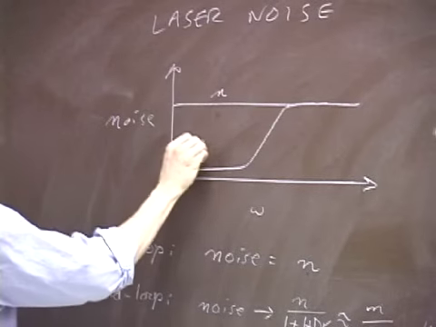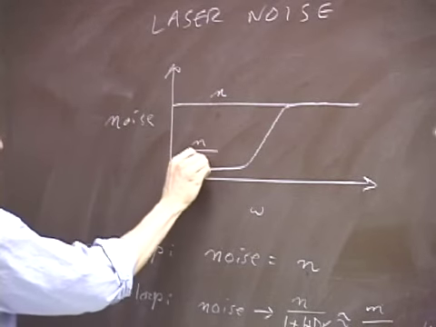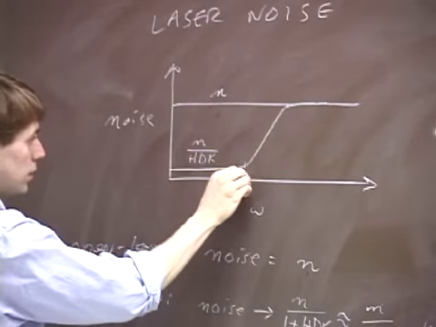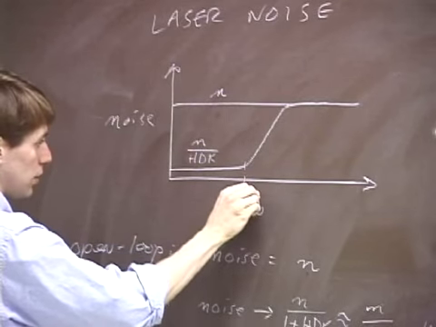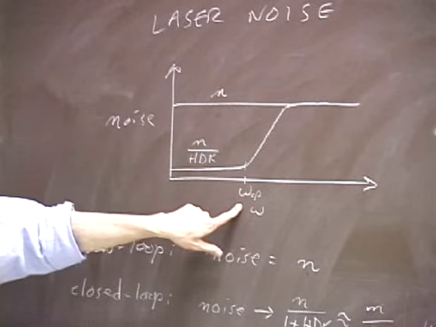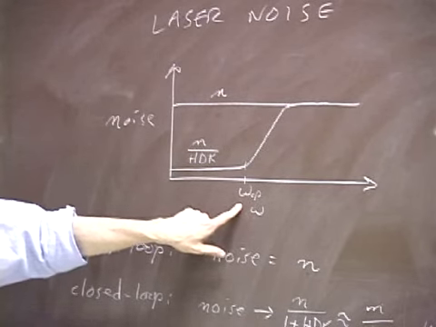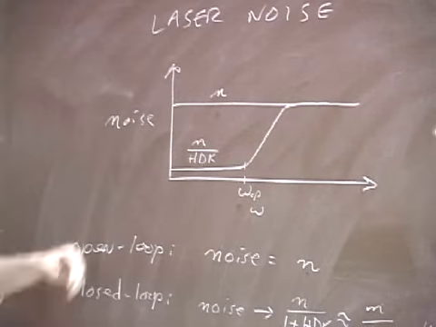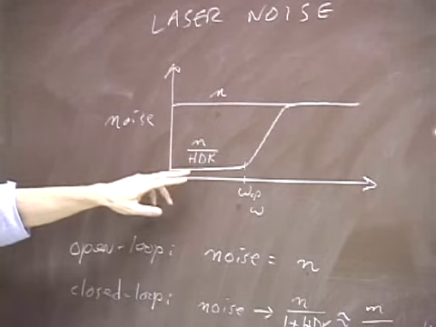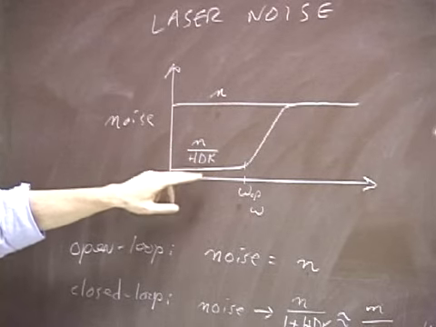This is N over HDK. And so below the first pole, whether that pole is the cavity pole intrinsic to the cavity or something that I put in the amplifier, the noise is suppressed by a fairly large factor, this factor of HDK.